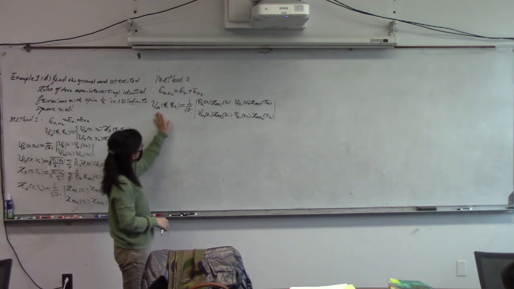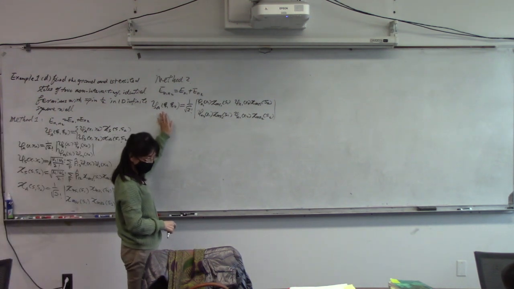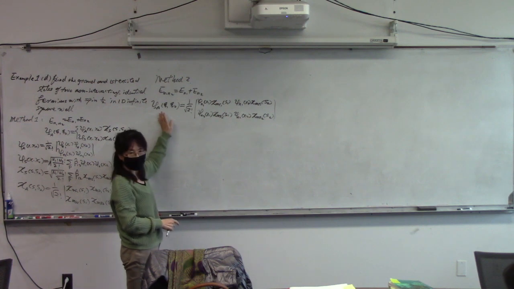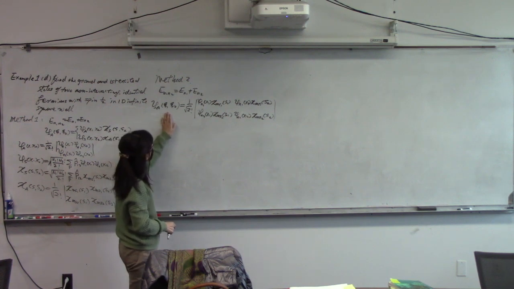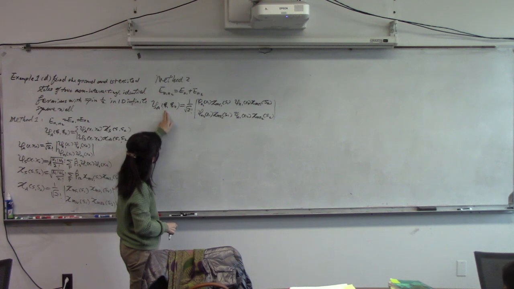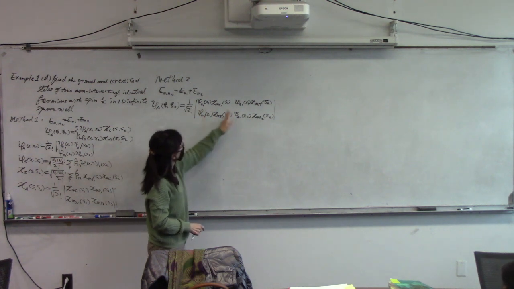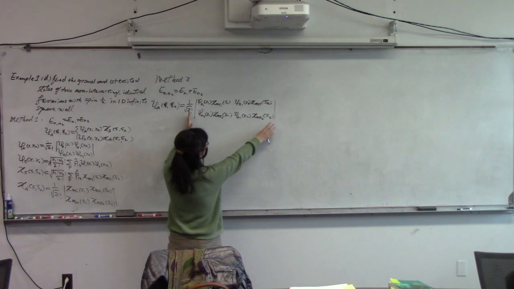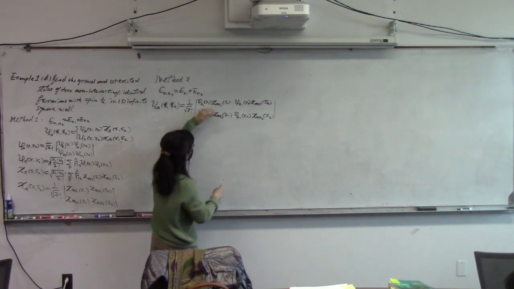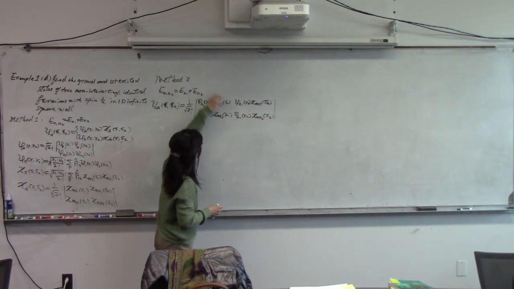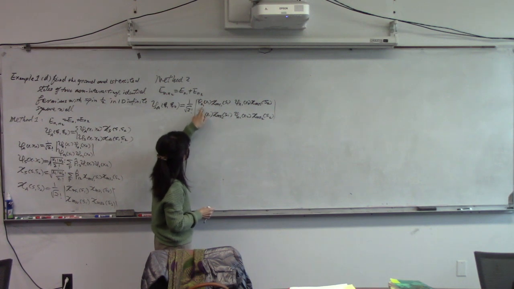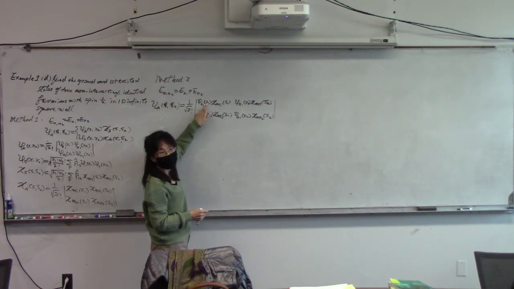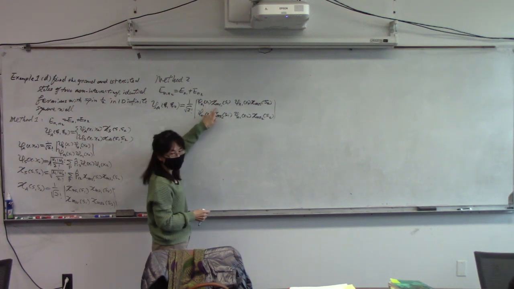Then we come to another method. This is more general. In this case, we construct the antisymmetric wave function immediately using this determinant. But here, each element of the determinant is the product of the single-particle spatial wave function multiplied by the spin.